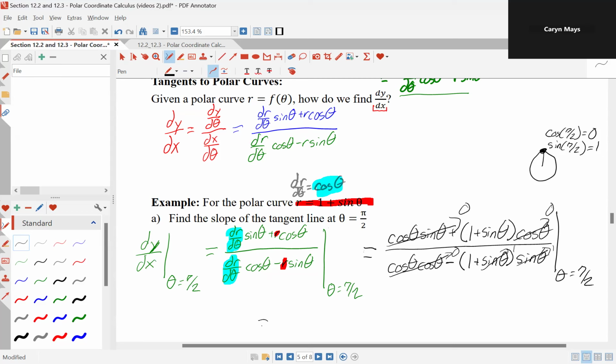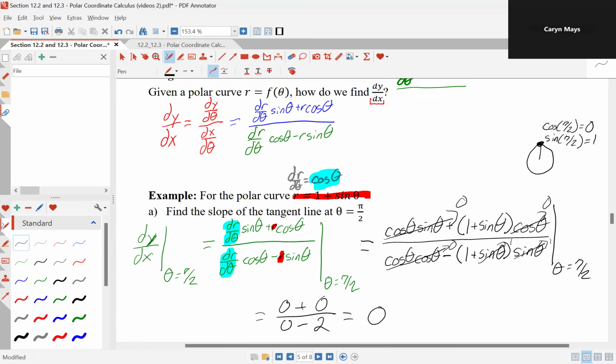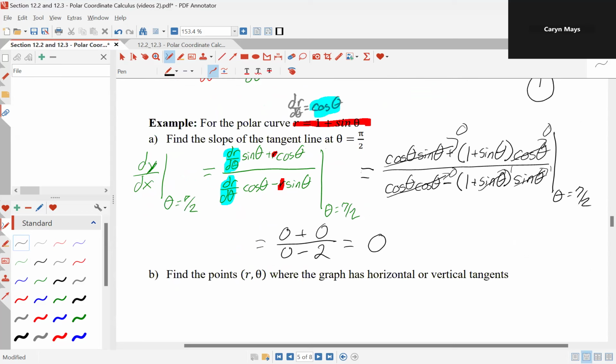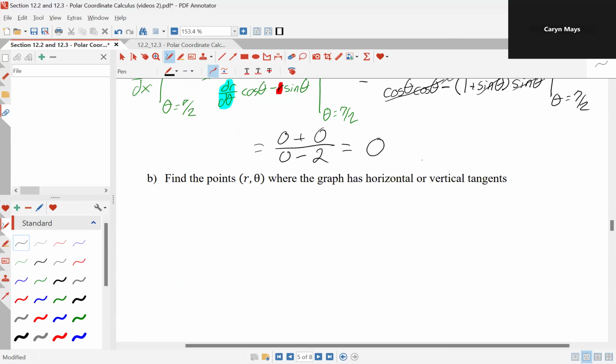So we end up with 0 plus 0 all over 0 minus 2, which is 0. So the slope at pi over 2 is 0.